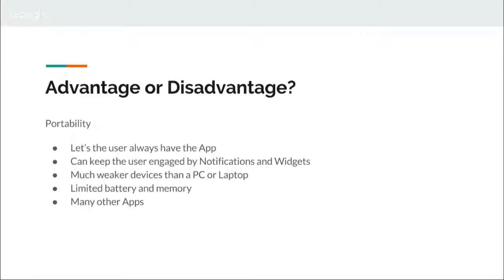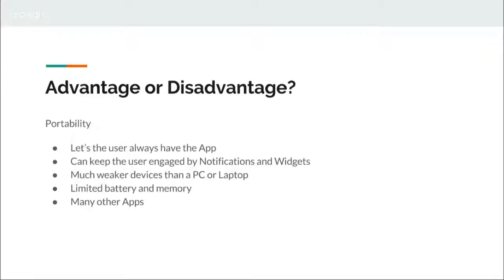Another thing is that the battery is not unlimited. PCs can always be charging, and that's not a problem, but a phone will probably be on the go. You will probably use the phone when you are going to work or when you are out and about, going through your day, and that's a problem we have to consider. The battery is not limitless.